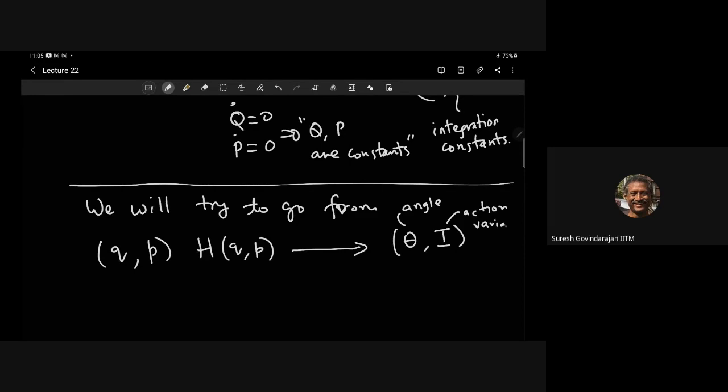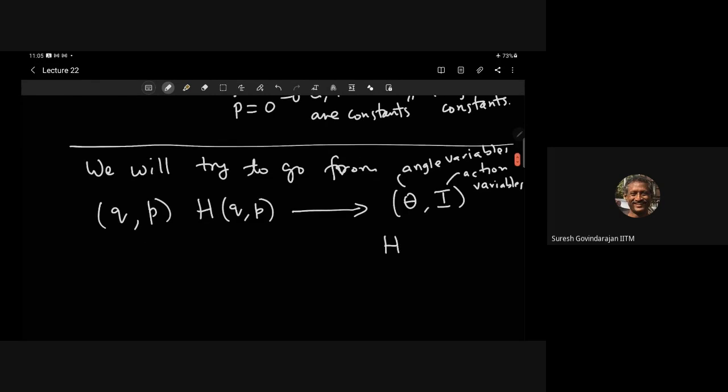Sorry, the word action is overused, and the Hamiltonian will be a function of all these.